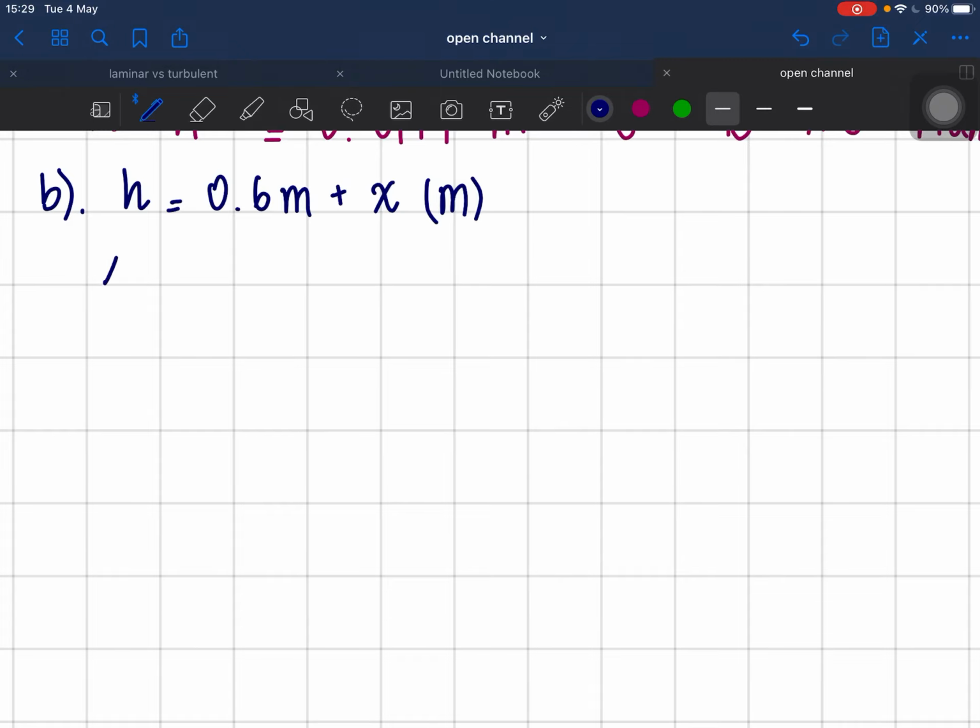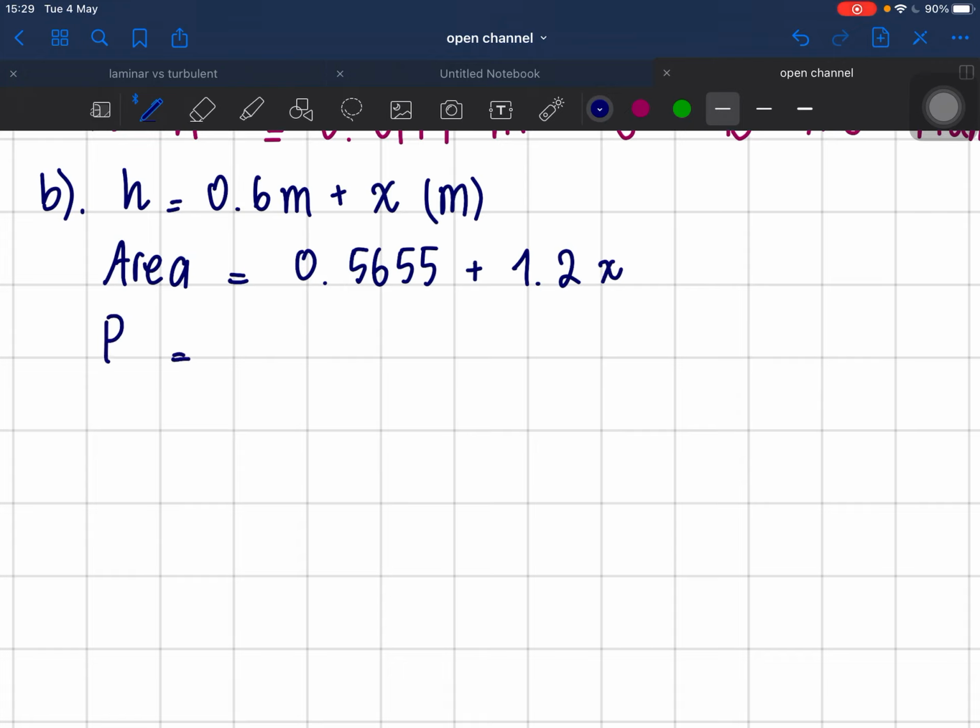We get area is equal to, sorry, my sound is already hoarse. Soon enough, you cannot hear my sound anymore. 1.2 meter x. I think I don't drink enough water each day.